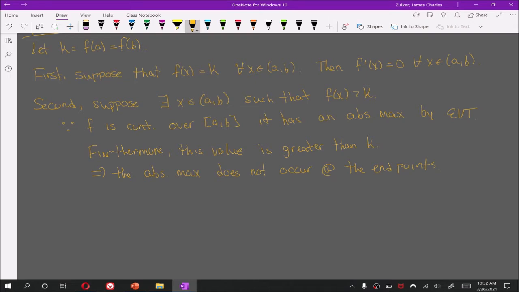This means that it has to occur at an interior point. Call it c.